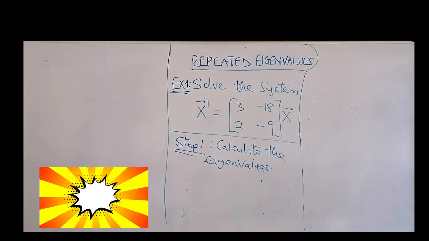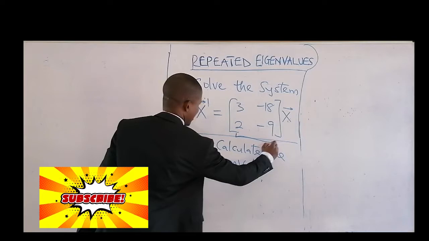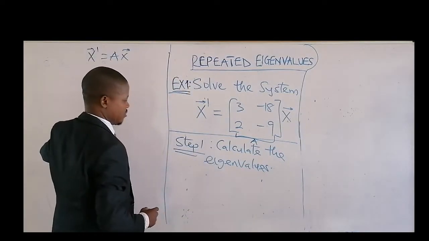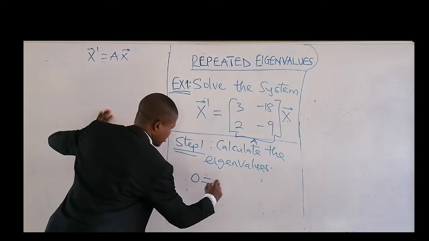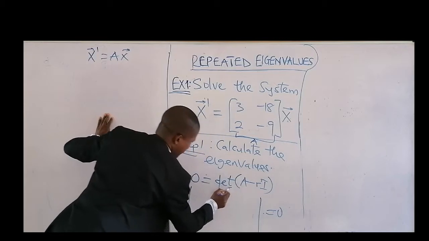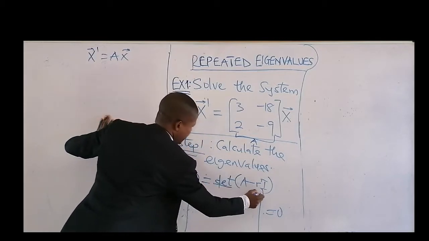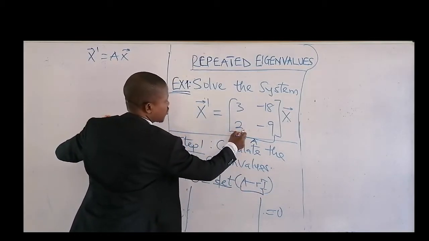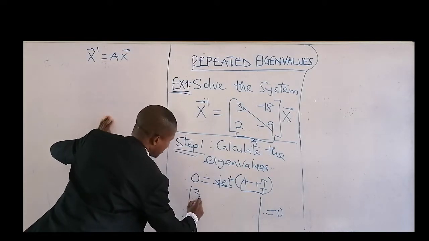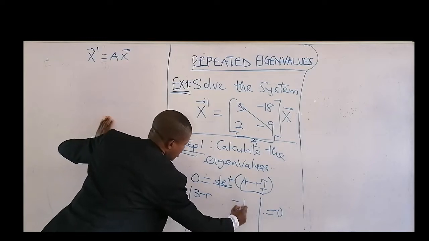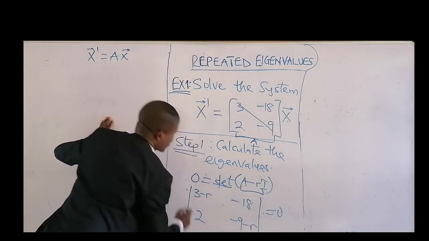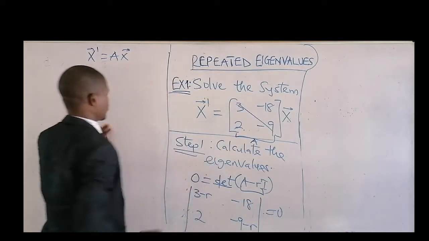Don't forget that this one is matrix A. To calculate the eigenvalues, we solve this determinant expression. The meaning of this expression is to go back to your matrix A, take the leading diagonal, and subtract R: 3 minus R, 18, 2, minus 9 minus R. Just the leading diagonal changes; the other values remain constant.